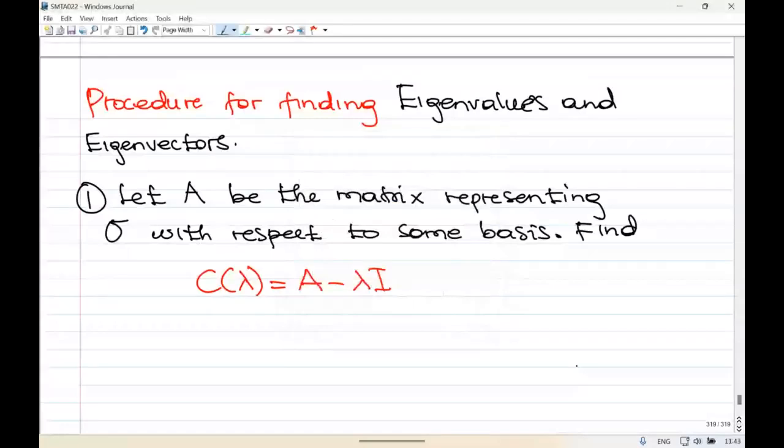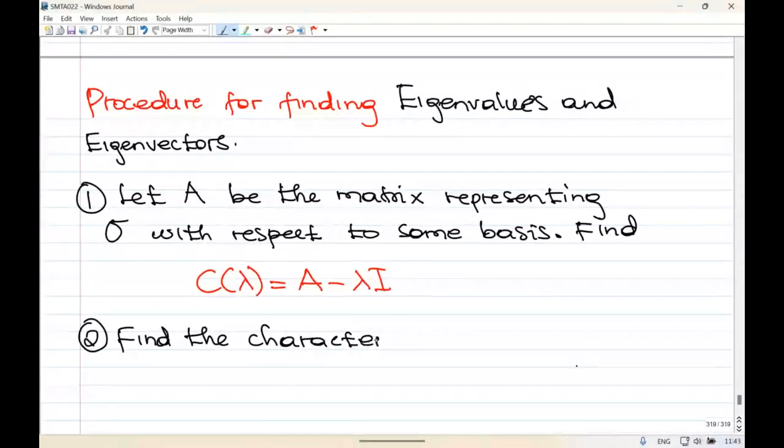Characteristic matrix. Then number two, you must find the characteristic polynomial.